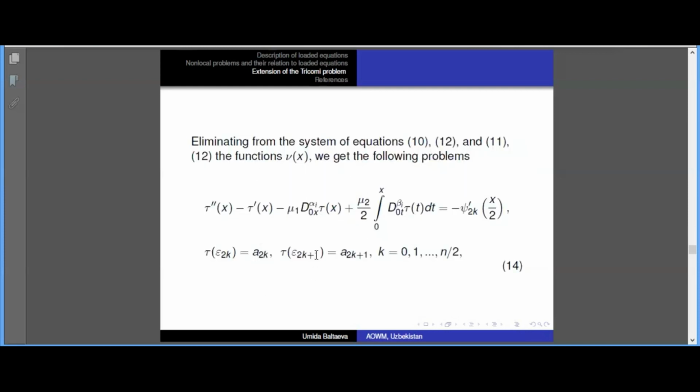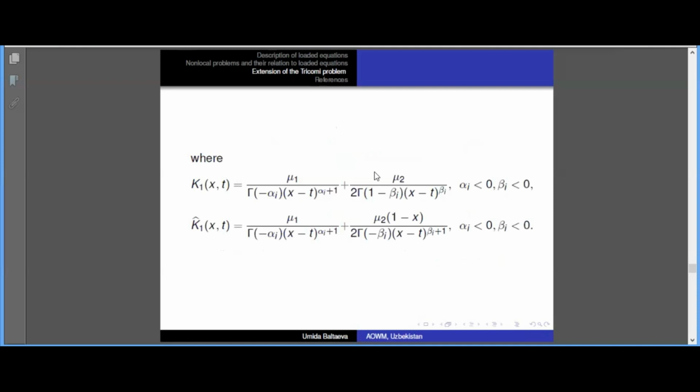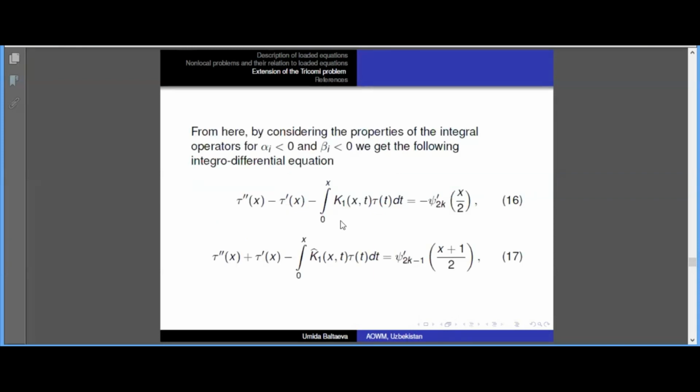If we exclude mu of x, we receive an integro-differential equation for the function tau of x. This equation is equivalently reduced to an integral equation of Fredholm type, of Baltaeva type, with the kernel K1, which is given here. For alpha less than 0 there is some singularity, but the singularity is less than 1. For this kind of equation we can prove existence and uniqueness and find the function tau of x.